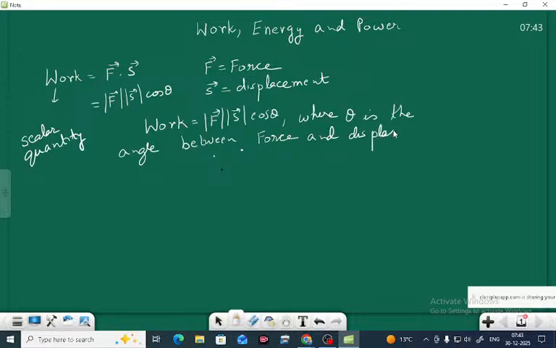So it is very clear that we can find the work in this way, modulus of F into modulus of S into cos theta, and theta is the angle between the two, right?